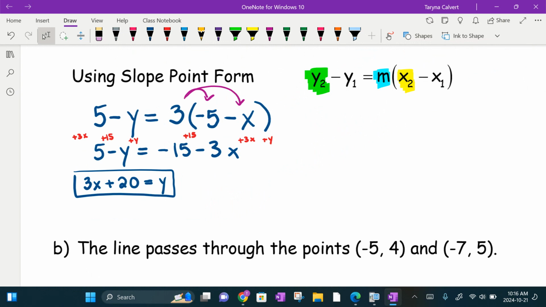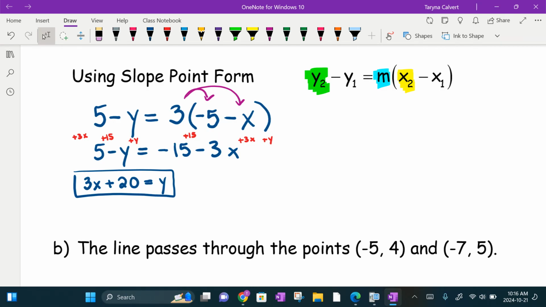So hence why this one's called slope point, right? It's kind of nice to use when you have the slope and a point because you can just put the values in and what you have left is rearranging for y equals. So there's no solving per se.